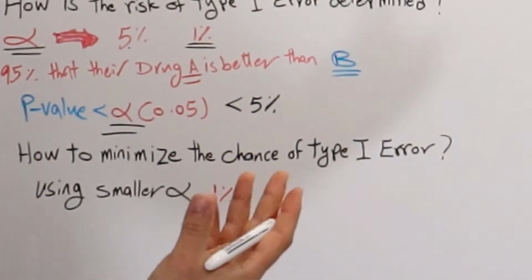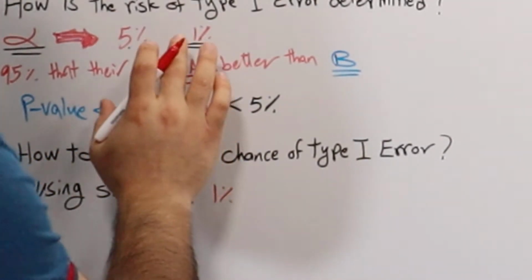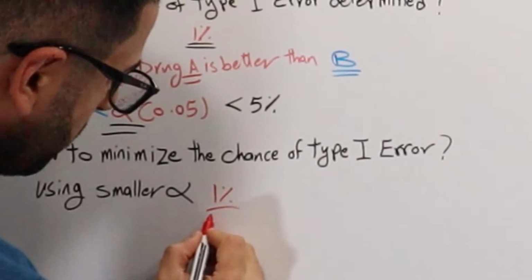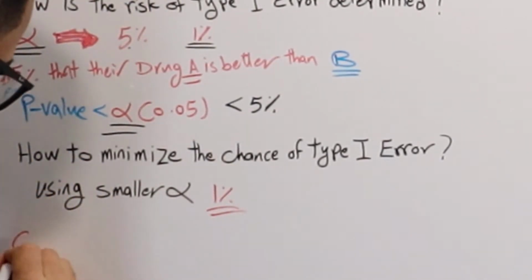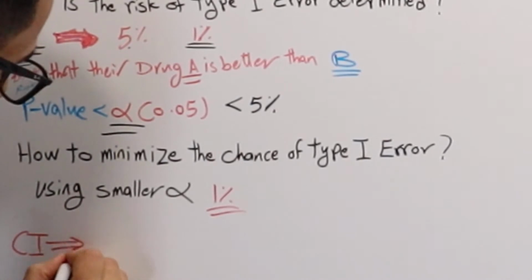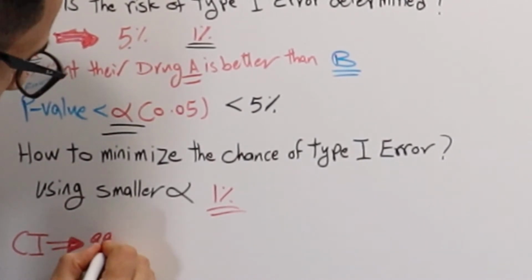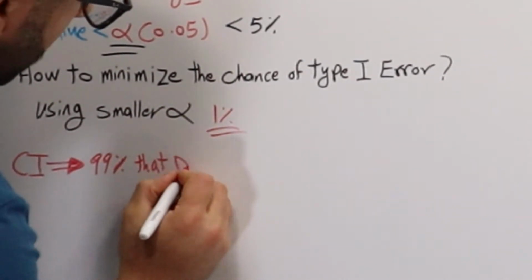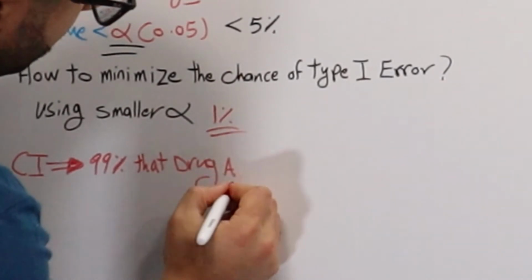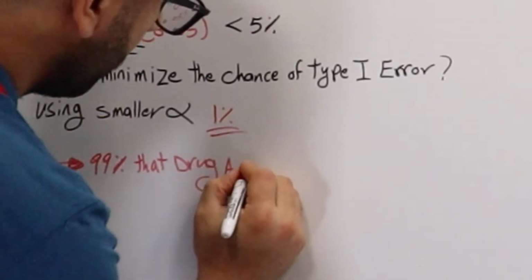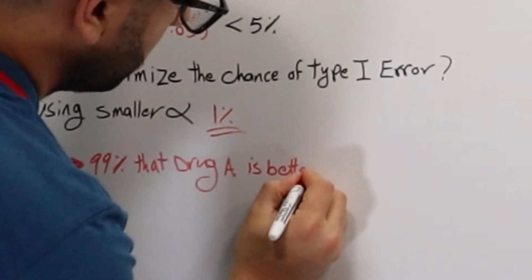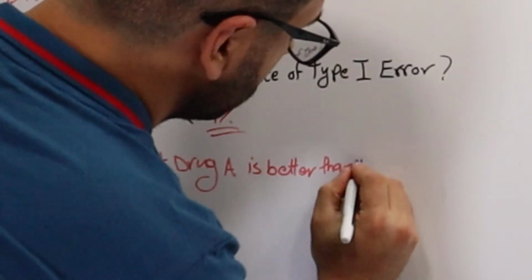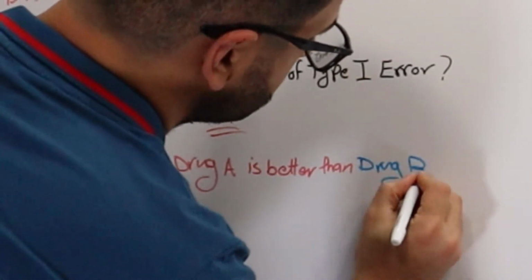Why would 1% help decrease type 1 error? Here's why. If we use 1%, in this case, with confidence intervals, CI, we can say that the researchers are 99% confident that drug A is better than drug B, which is the medication that already exists in the market.